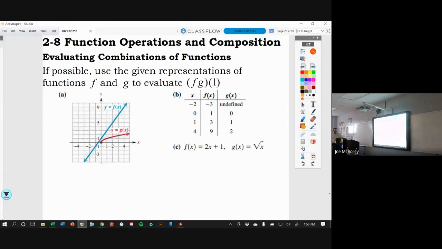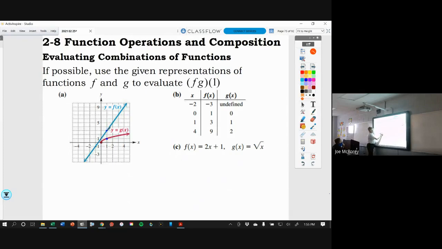F times G of 1. We're multiplying F of 1 times G of 1. What do you get? 3. How many of y'all went straight to the table? Who plugged it into C? Who looked at the graph? So the 1 value is here.